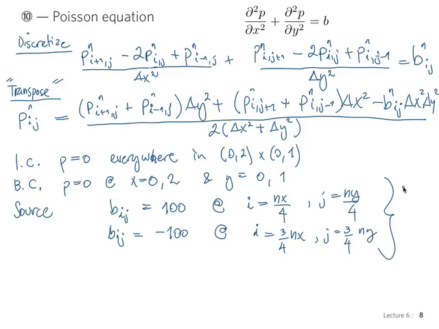So these are just 2 spikes, and b i j is going to be equal to 0 everywhere else.